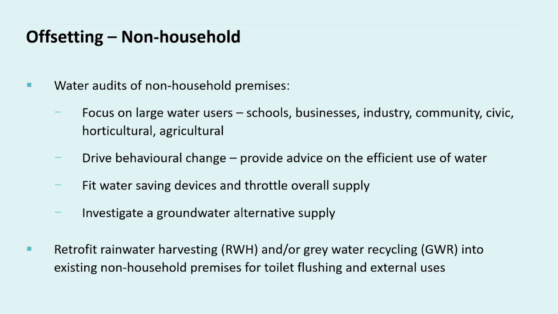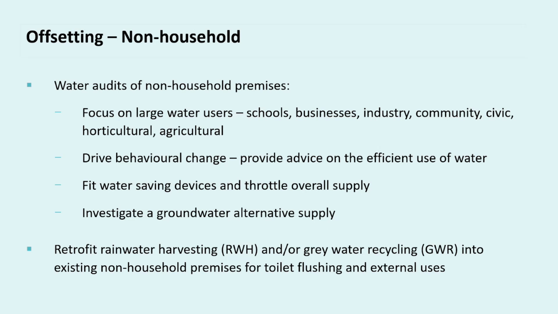And then the remaining demand must be offset against water savings from non-household properties, households, or through a water credit scheme. Water savings might be generated by retrofitting existing buildings with water efficient fixtures and fittings, rainwater harvesting or grey water recycling.